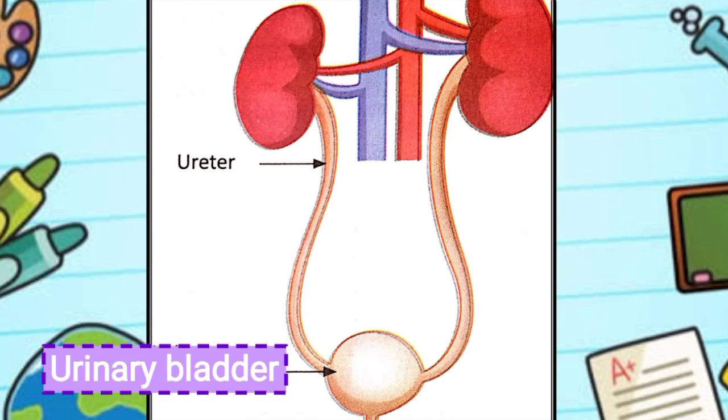Now let's understand the urinary bladder. The urinary bladder is a temporary storage for urine, and the function of the urinary bladder is to collect and store urine from the kidneys until it can be excreted out of the body.